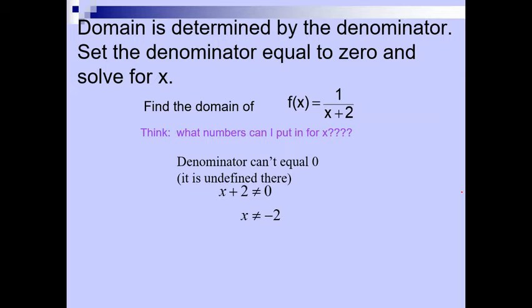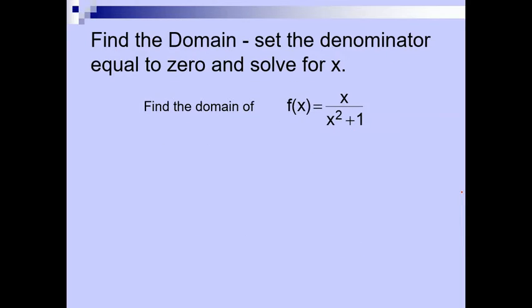Our x value is going to be -2, and if I put in a -2, you can see that the denominator is going to become 0, which is undefined. So that means that I can take any number from -infinity to -2, and I union that with -2 to infinity. To find the domain, set the denominator equal to 0 and solve for x.